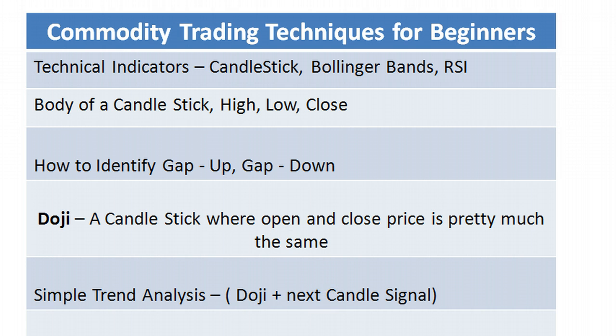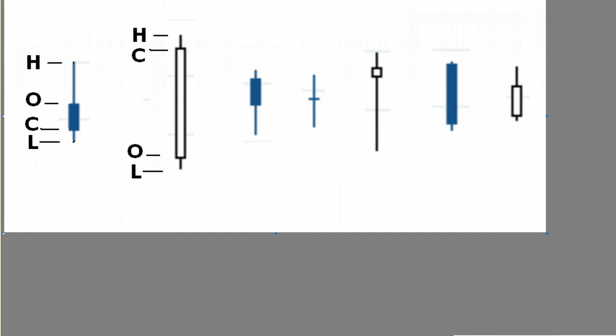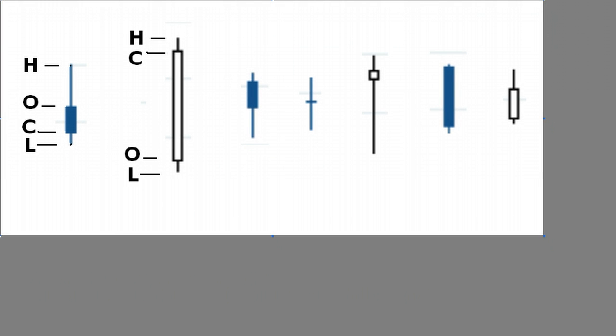Before we proceed further, I'd like to show you some of the basic candles and sample candles and how you can understand what these are. The first two candles have marked the high as H, O as open, C as close, L as the low point of the candle.